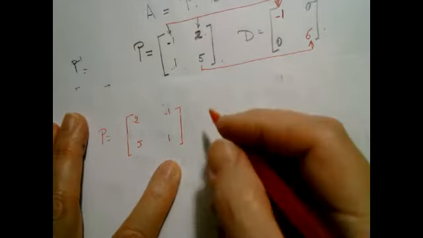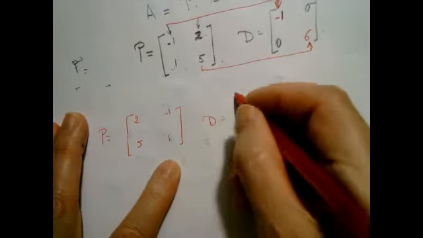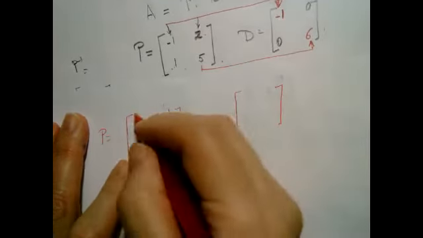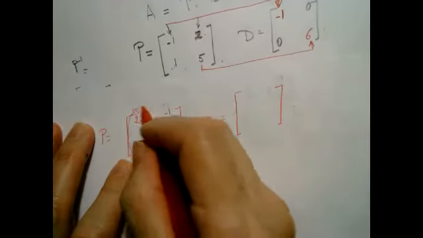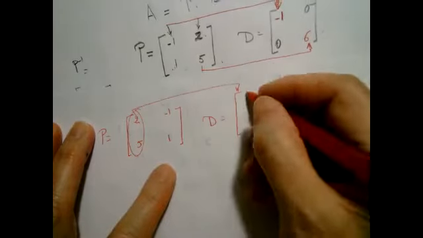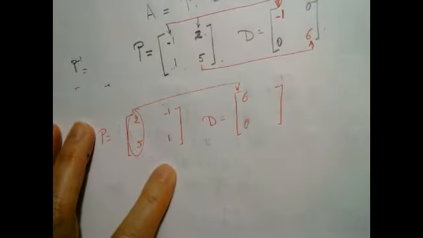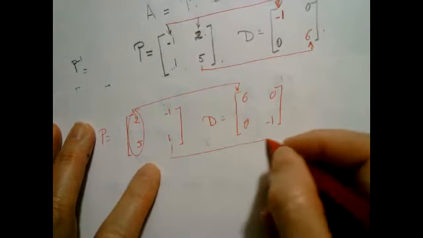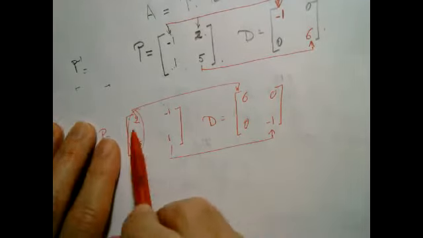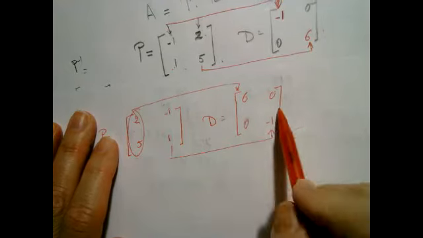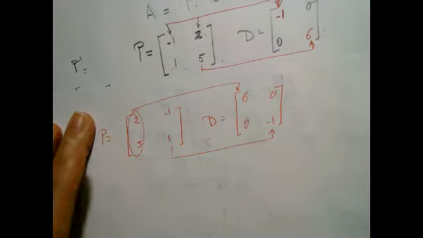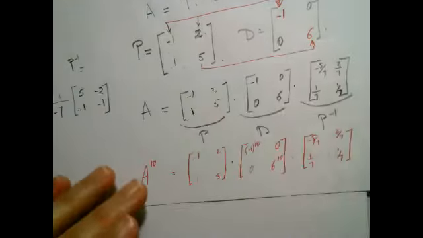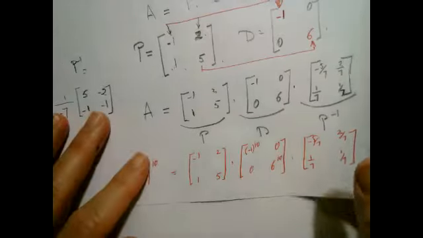Then for this student, the diagonal would be, since 2, 5 is coming from the eigenvalue 6, 6, 0, and 0, minus 1. That's what will happen. So if you switch the order here, you have to switch it here. That's what you should be careful with. It doesn't matter which one you pick, that's irrelevant. They all give us the matrix A.